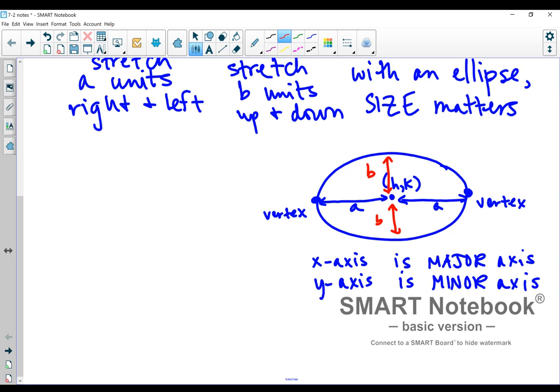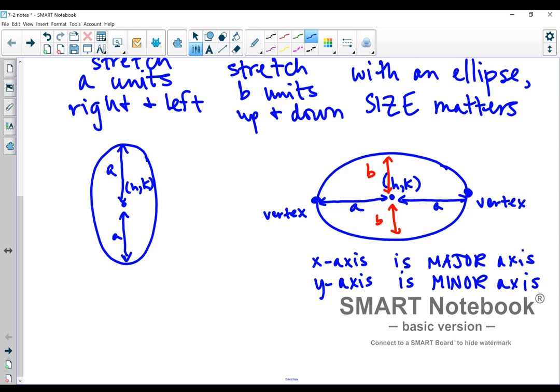So it is possible that we could have our ellipse oriented the other way. If we have our ellipse this way, my center is still that (h, k) in the middle, but this time it's up a and down a. They usually use a for the bigger number, but again, I don't really want to get too hung up on which one's a, which one's b.